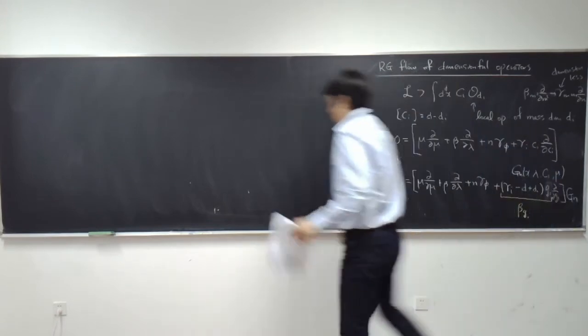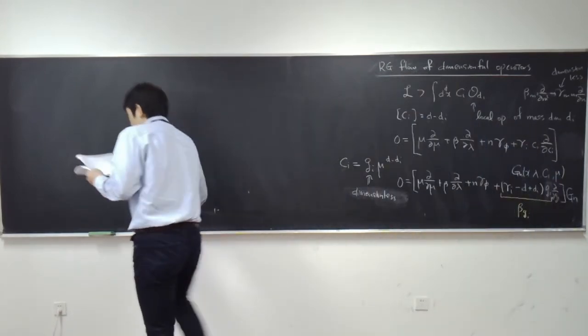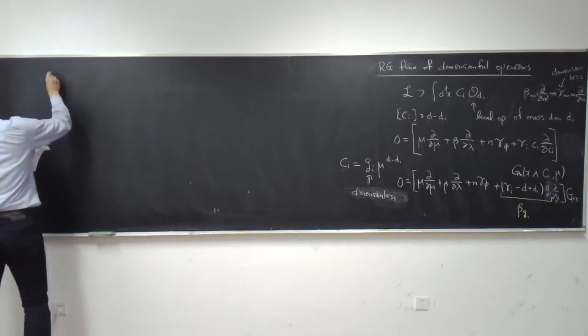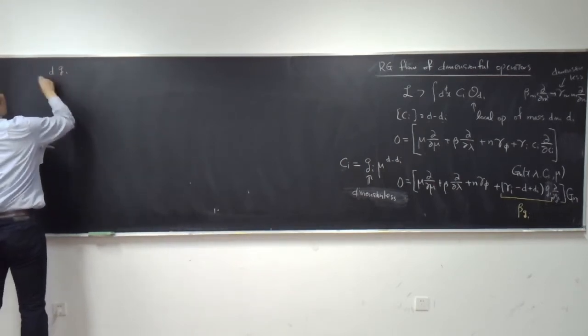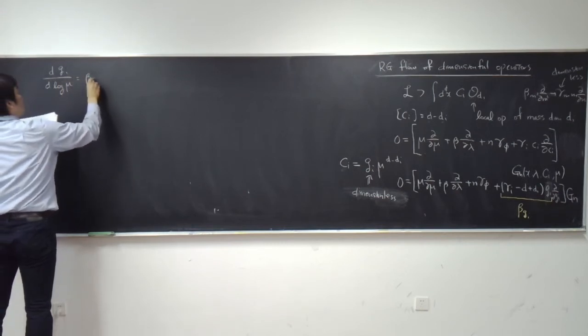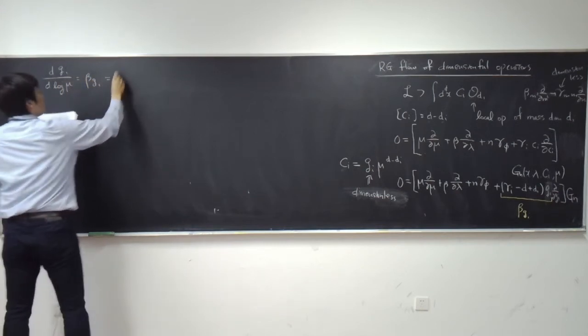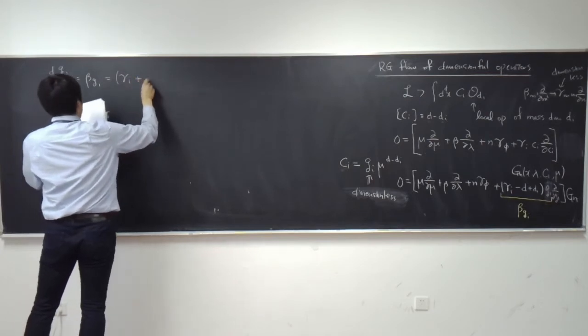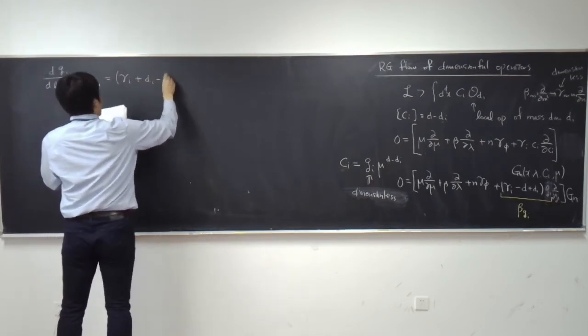So by definition, dGi d log mu is beta Gi, which is equal to gamma I plus di minus d Gi.